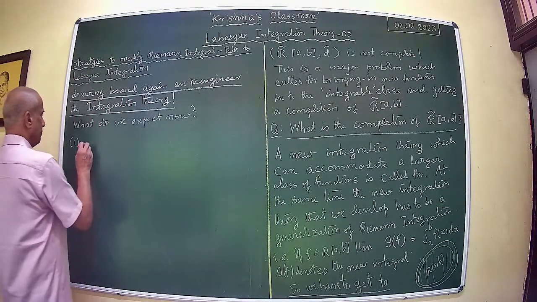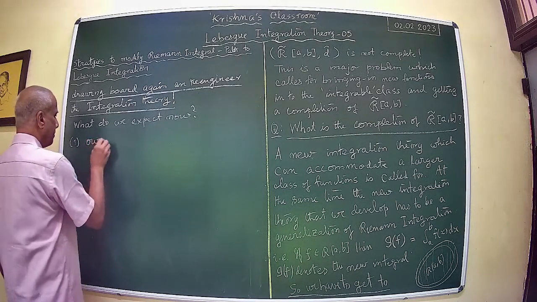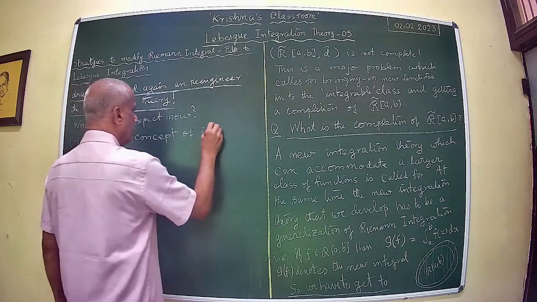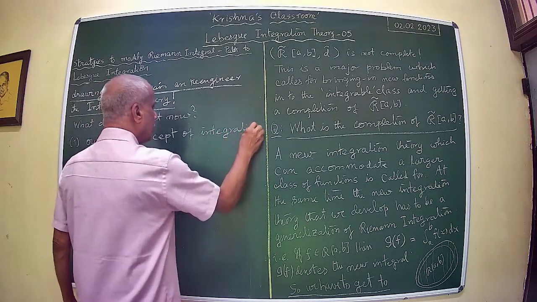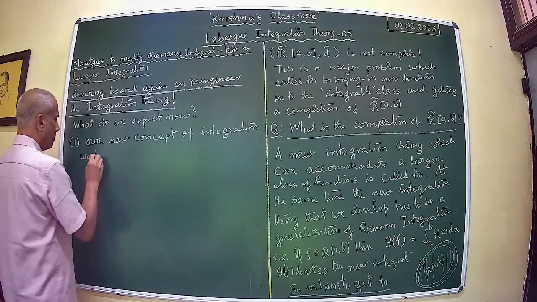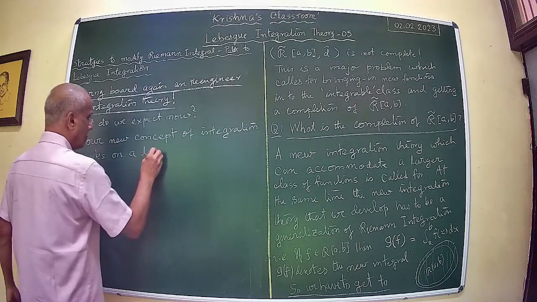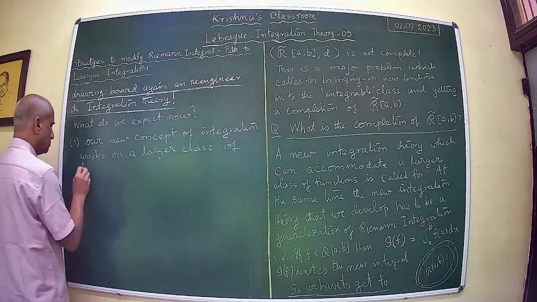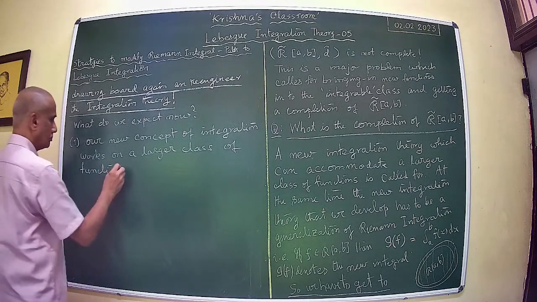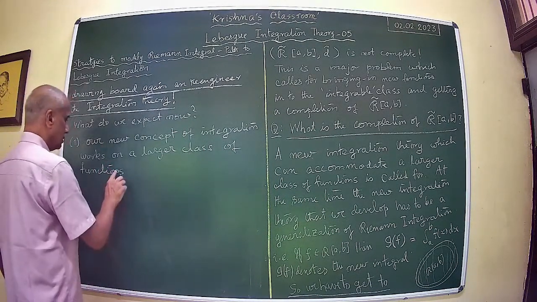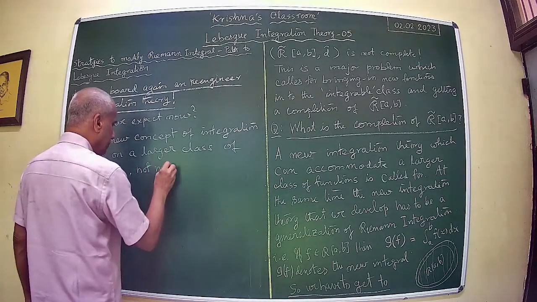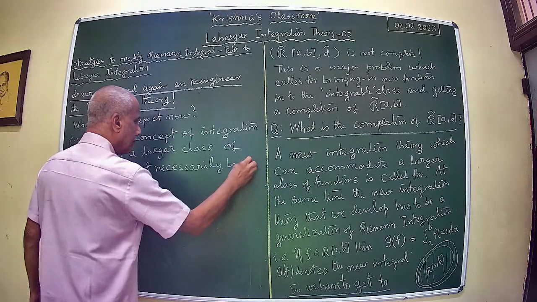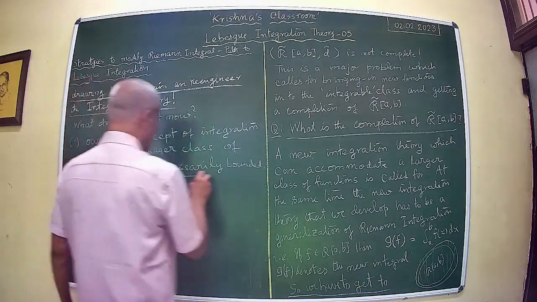Namely, that our new theory should handle another class of functions, not necessarily bounded. So that's the first one of the things that we want to get rid of.